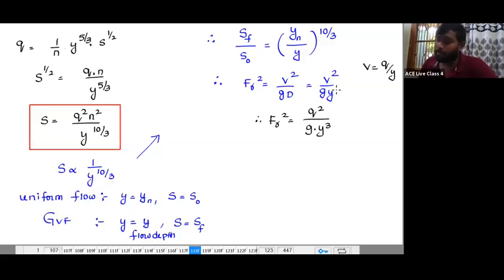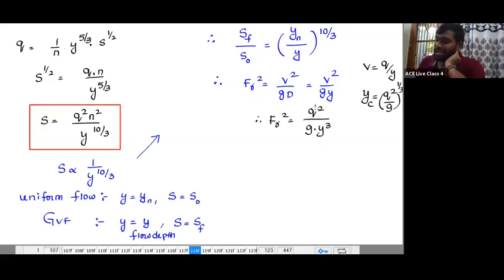Now, if you remember the case of the rectangle, yc is equal to Q square by g whole to the power of 1 by 3. Do you remember this? Yc is equal to Q square by g whole to the power of 1 by 3. Okay.